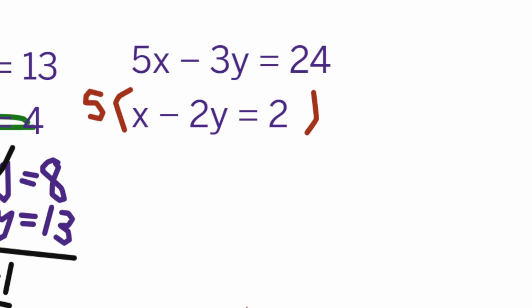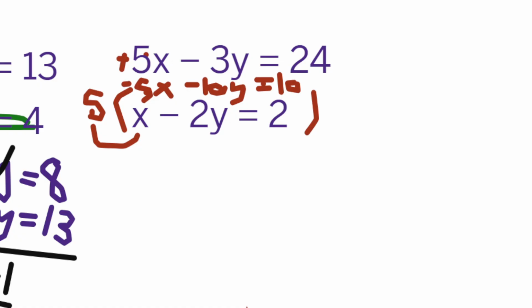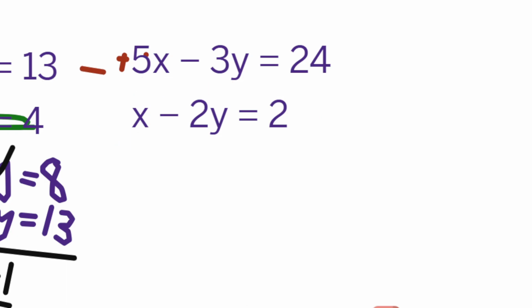That makes 5 times x, which is 5x, and then 5 times minus 2 is minus 10y, and 5 times 2 equals 10. Now, both of these have 5x in them. So you can solve it by subtracting, because it's positive 5, positive 5. So subtract, okay? This is your homework. Try this question and post your answer.